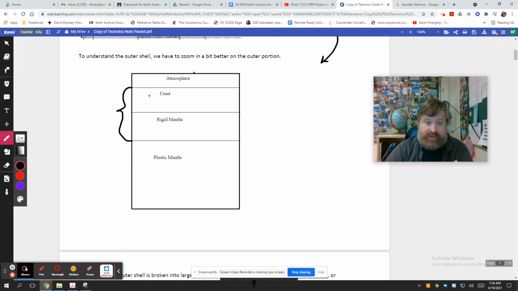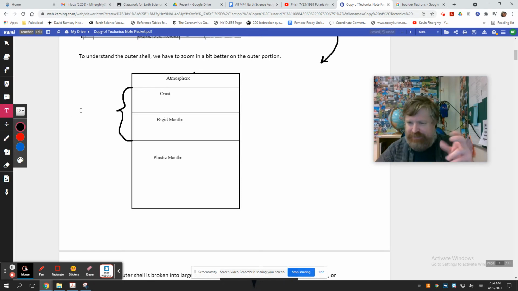And in that sense, these two behave the same. The crust and rigid mantle physically act as if they're stuck to each other. They behave the same as all these tectonics things happen that we're going to study. Those two are essentially one thing in terms of how they behave.